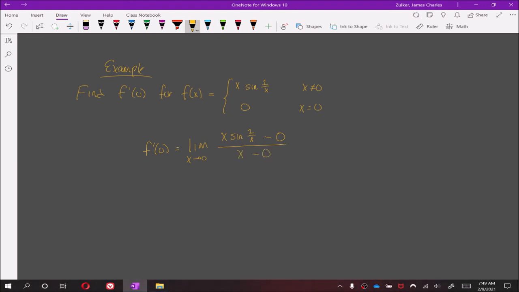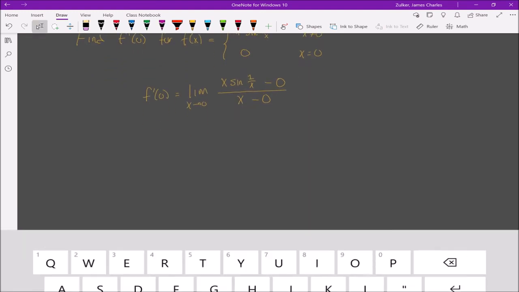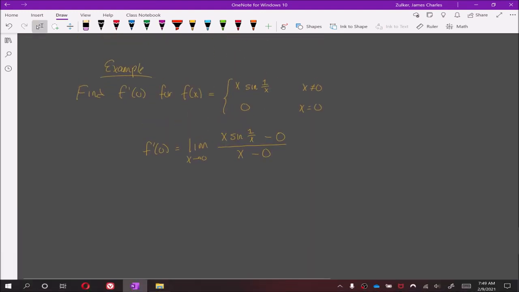Now the reason that we take this as f of x is because if x is approaching 0, then x is not equal to 0. So this is now just the limit as x approaches 0 of x sine of 1 over x all over x, which is the limit as x approaches 0 of sine of 1 over x.